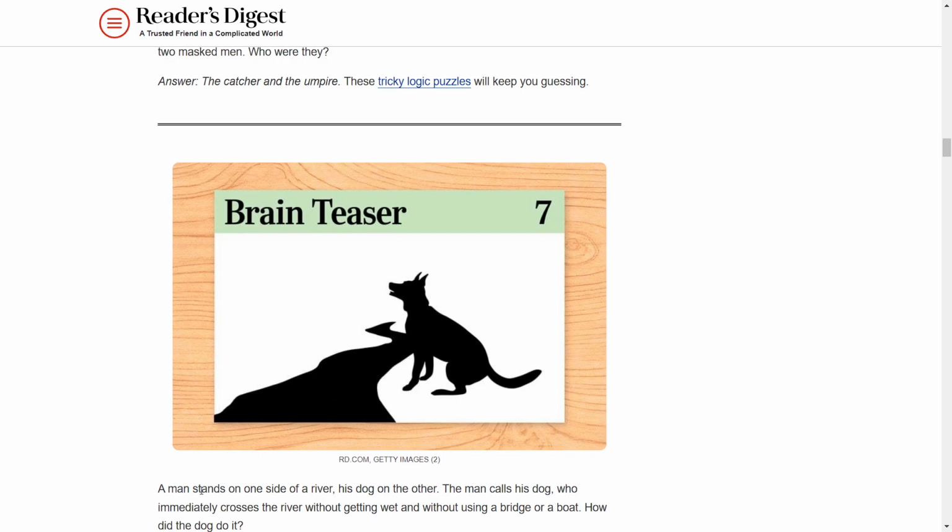The first thought that then came into my mind was another person, a third person, carrying the dog over the river. But first of all, the man has to have crossed the river on his own, so in other words, the river has to be small enough for the man to cross, and that way it has to be small enough for the dog to cross. So I would say it's just a small river, maybe a trench. I think that's what it's called.